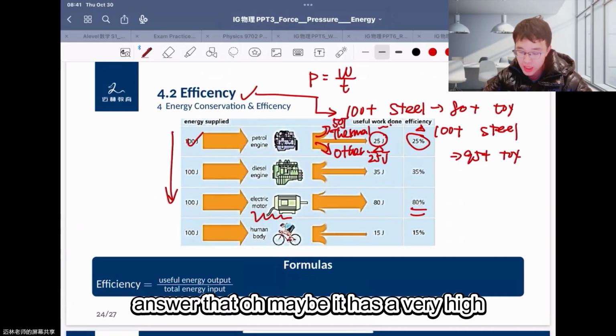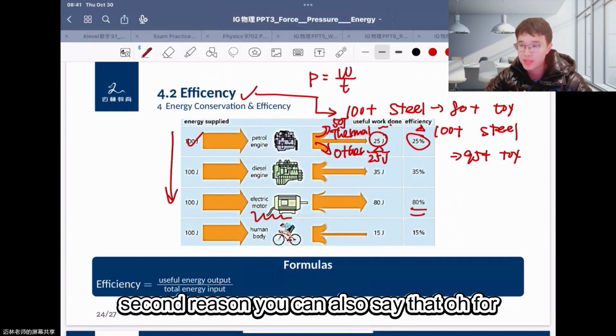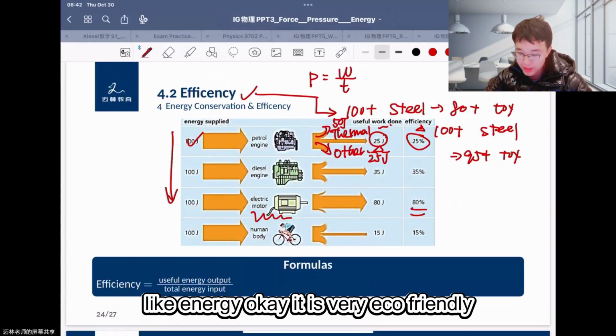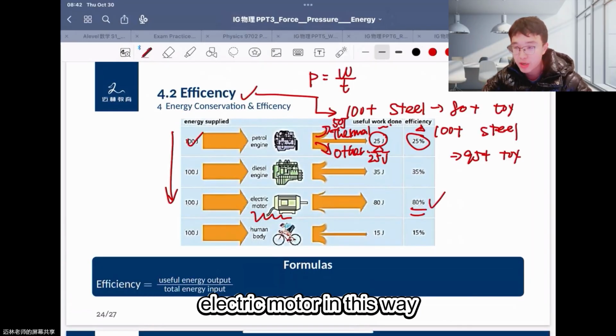So you can answer that maybe it has a very high efficiency. This is the first reason. For the second reason, you can also say that the electric motor is very clean, very eco-friendly. So that is why we are using the electric motor.